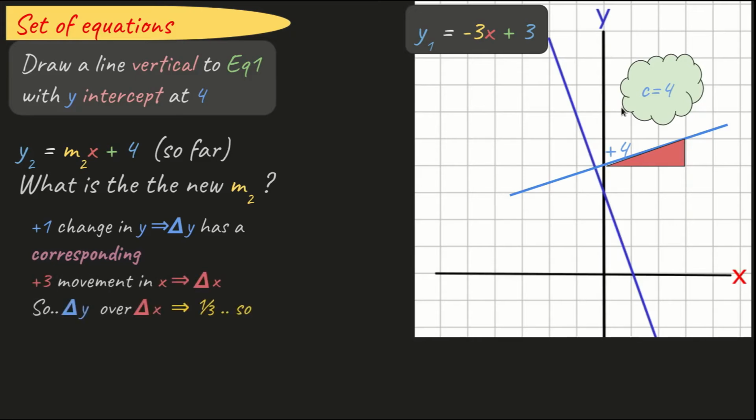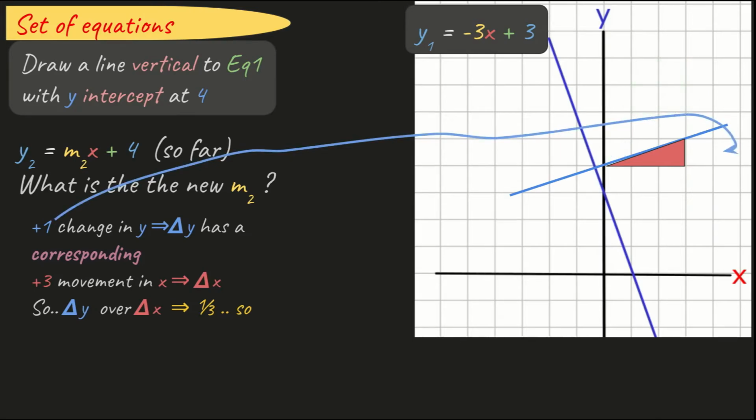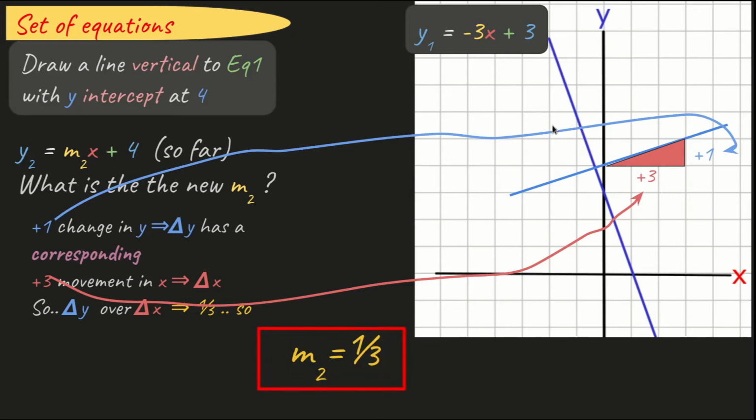So, our delta y over delta x, or our change in y over our corresponding change in x, a very important word, corresponding, is 1 upon 3. So, we have 1 change in y represents 3 changes in x, both positive. M2, or the slope of our second line, is 1 upon 3.